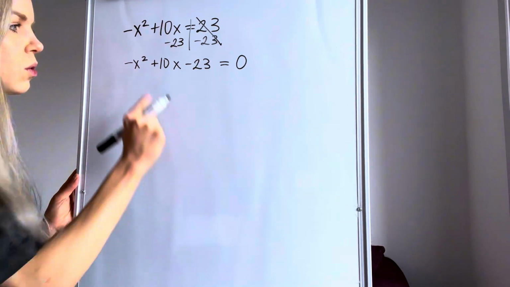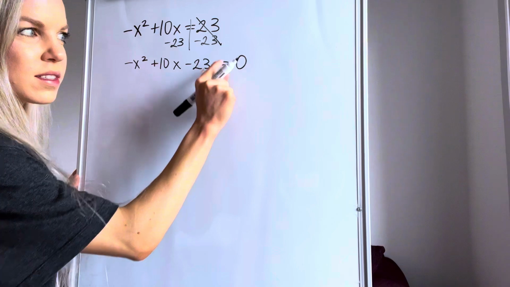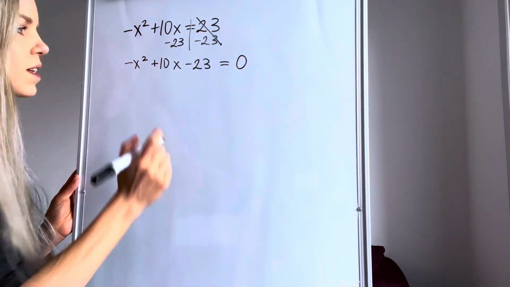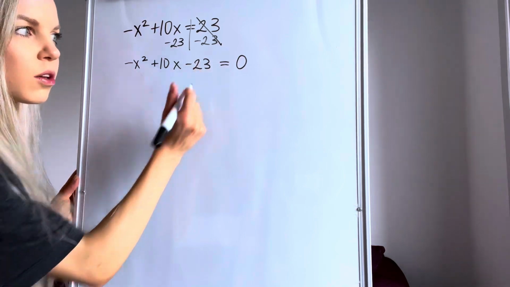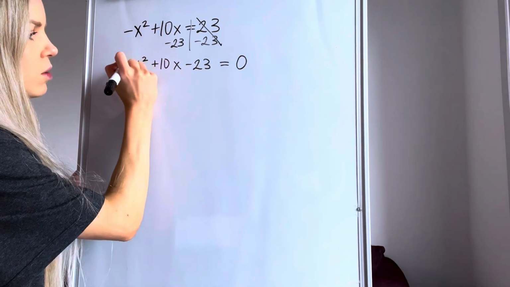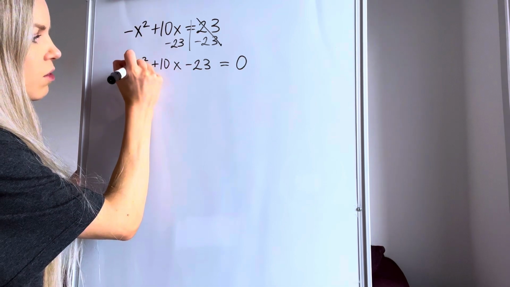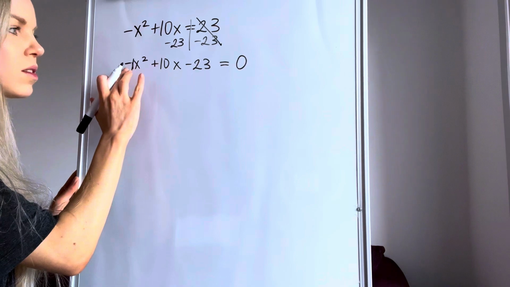You want to make sure you go from your x squared term to your x term to your constant term that doesn't have the variable, because that's going to give you your a value, your b value, and your c value, which are used in the formula. Something I don't like to do is technically this is a -1. You don't see the 1. I prefer to work with a positive a value.